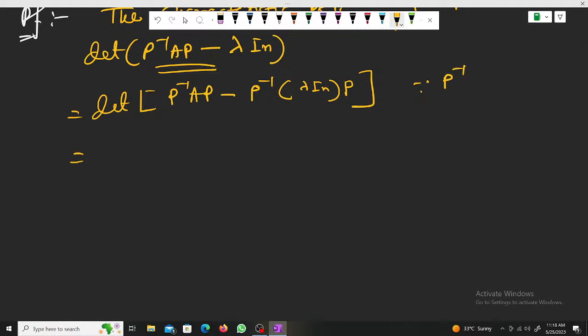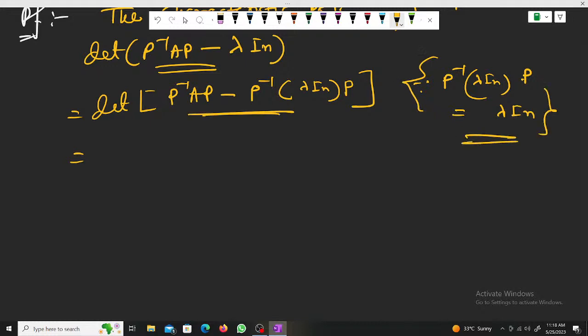Because P inverse lambda I n into P is also written as lambda into I n. For this reason I could write this line, alright.